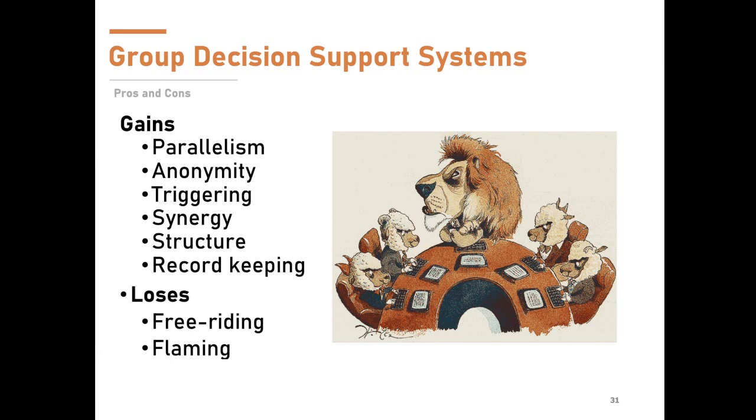And structure here means that these systems can provide a structured approach, helping in making well-informed choices. And record keeping refers to how those systems maintain a record of the decision-making process.